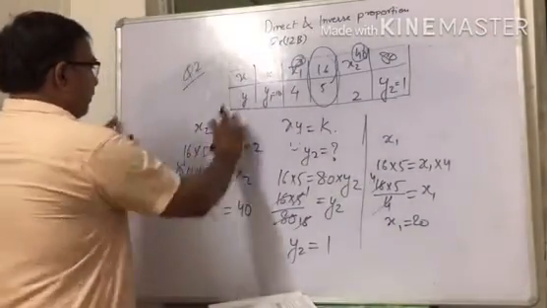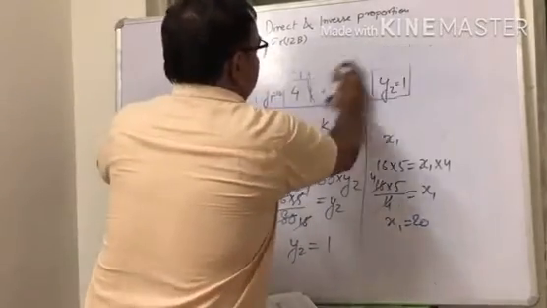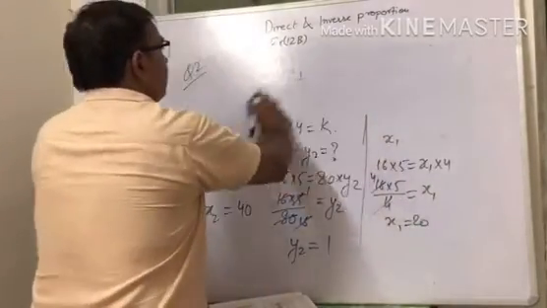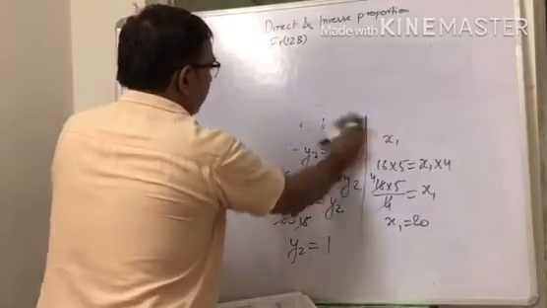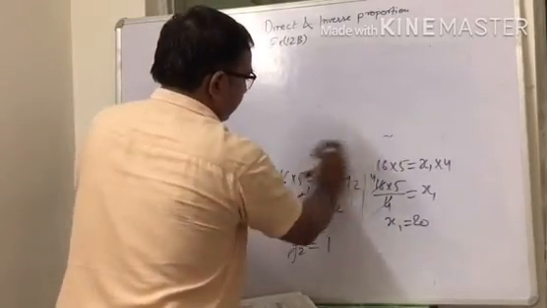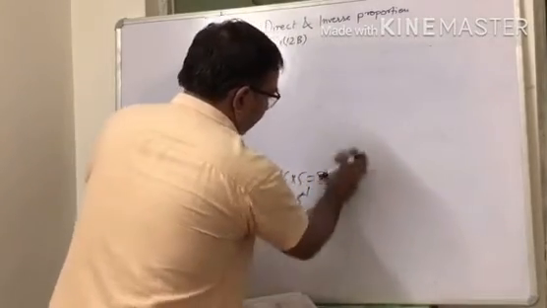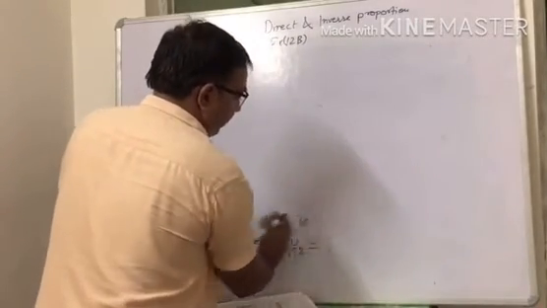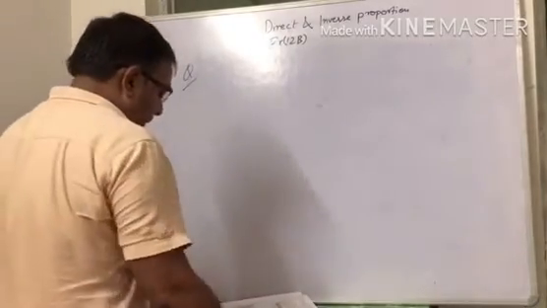Okay, now let us do one more question from the exercise. Then we will do more questions in class also if there is a problem. But I think this is a very easy chapter, with simple calculation, not very big calculation. So let us move to question number 4.